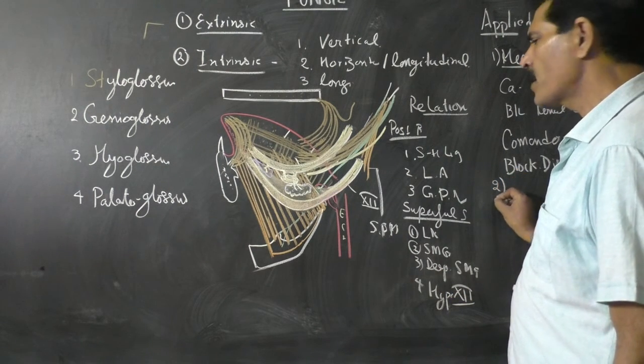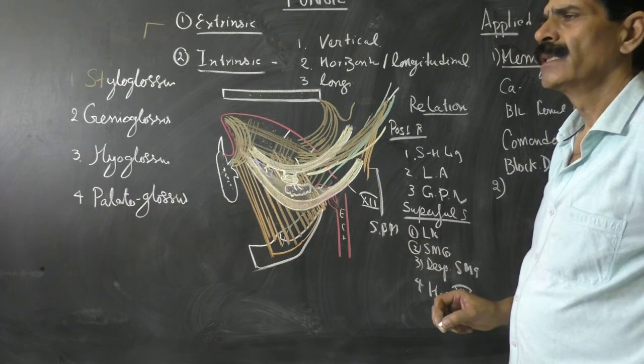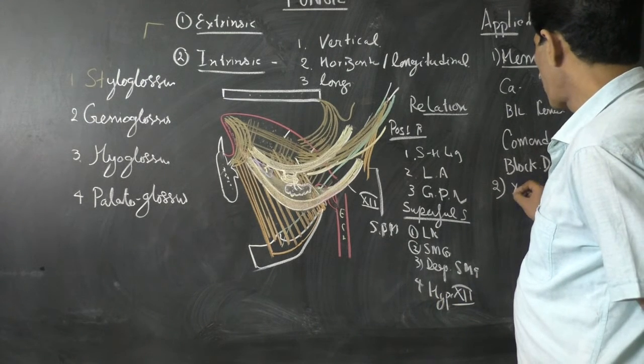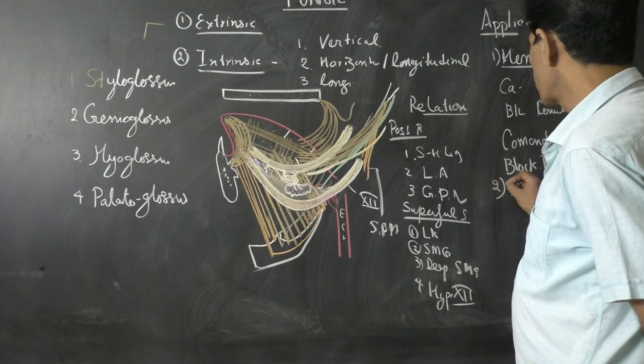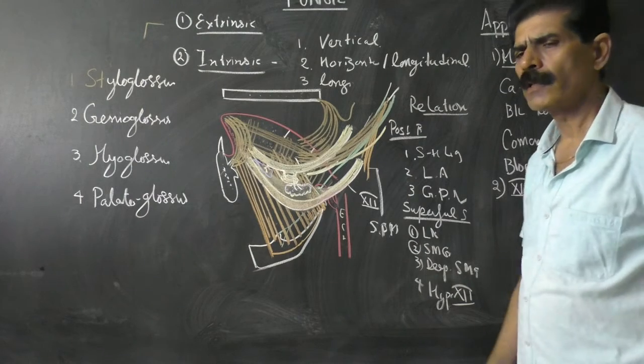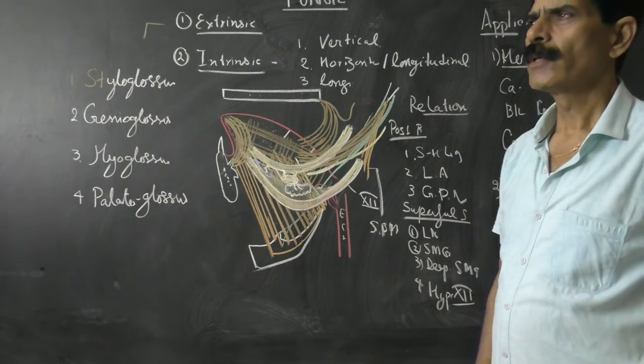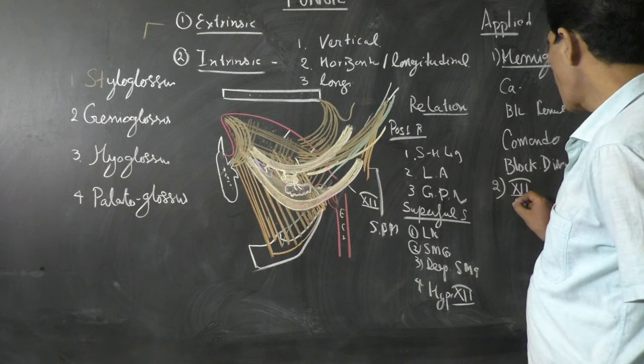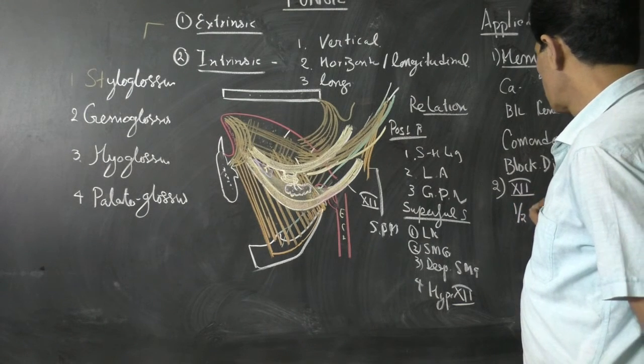And then there are applied aspects related to the muscles of the tongue. They are the paralysis of the muscles of the tongue because of injury to the hypoglossal nerve. Injury to the hypoglossal nerve will lead to paralysis of half of the tongue muscles.